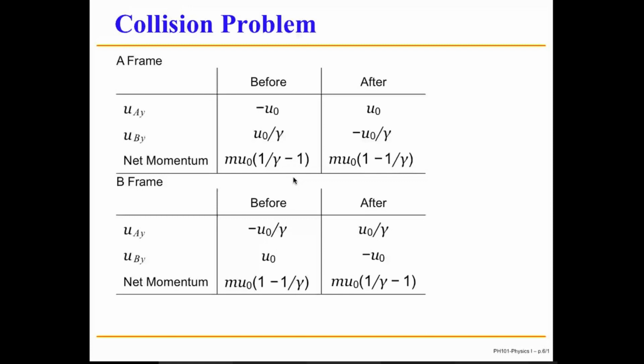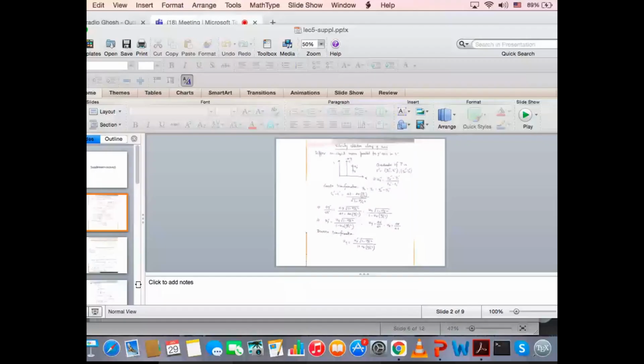Okay, so let me show you a little bit of calculation in order to do that. We are going to find this out very easily. The point is, before the collision, what is the speed of B in A's frame? See, there are two things. One is the velocity with respect to the frame.